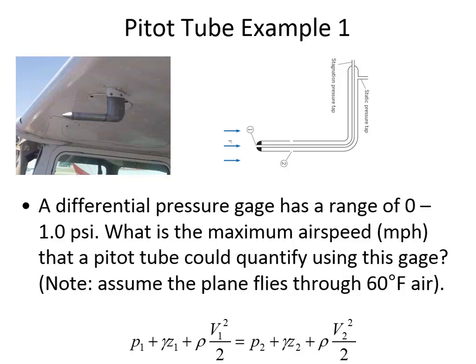Table A3 in the book gives us some properties of air at 60 degrees Fahrenheit. And according to that table, 60 degrees Fahrenheit air has a density of 0.00237 slugs per cubic foot.